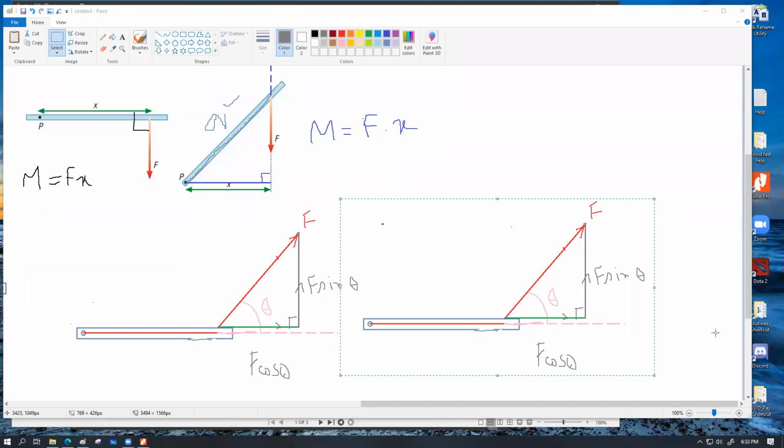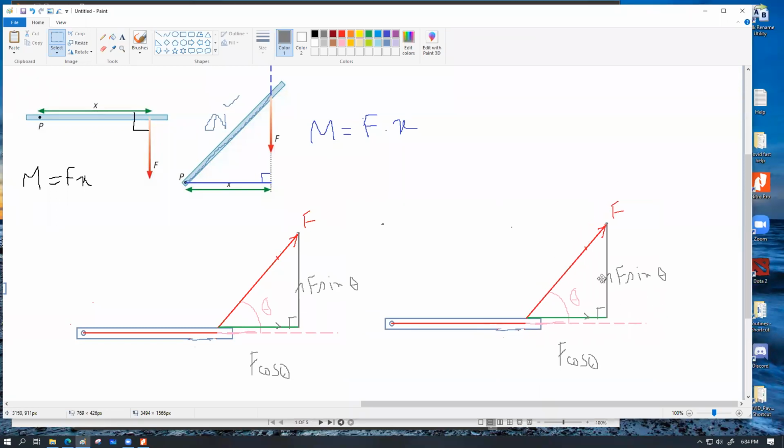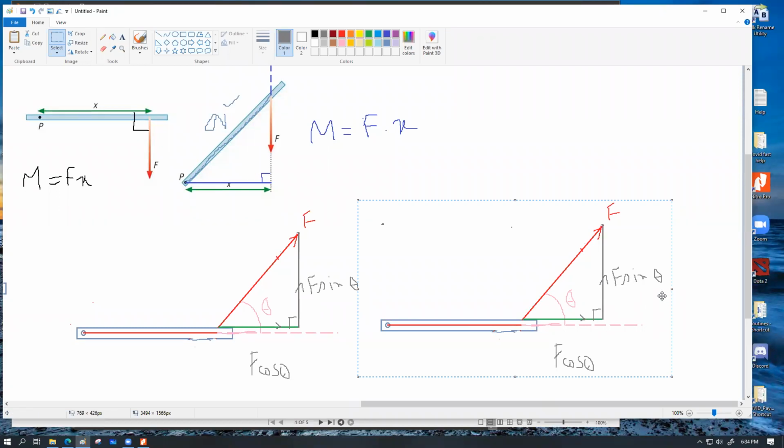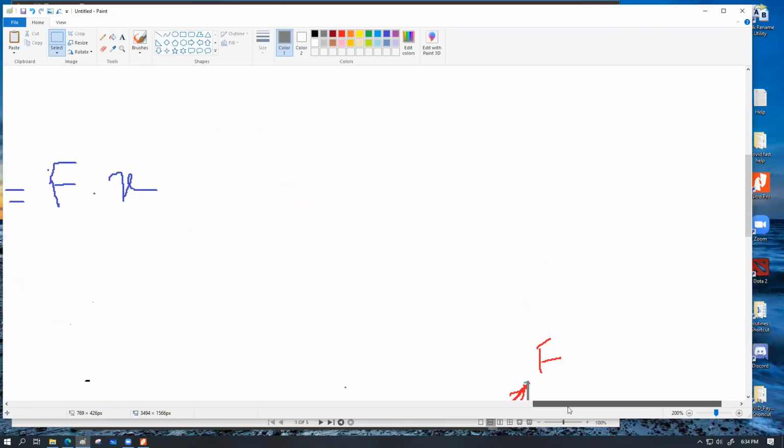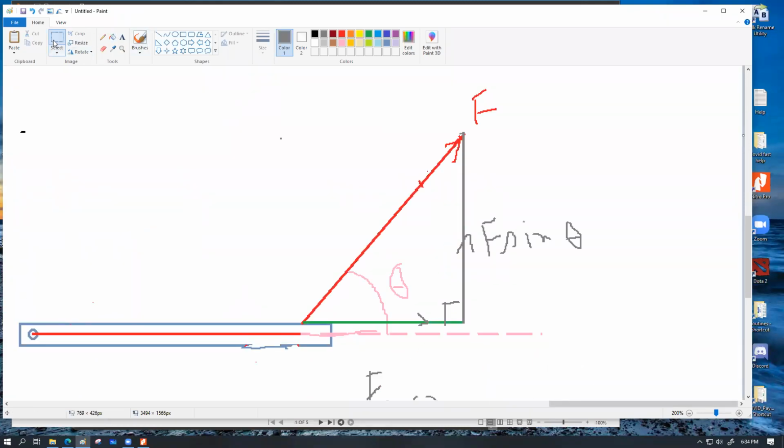What I'm trying to show you is that I'm going to change this figure so that I can make this force work over here, and that part would be really, really simple. Have a look at what I'm about to do. I'm going to cut this vertical component off of this figure, and I'm going to replace it over here, just as is.